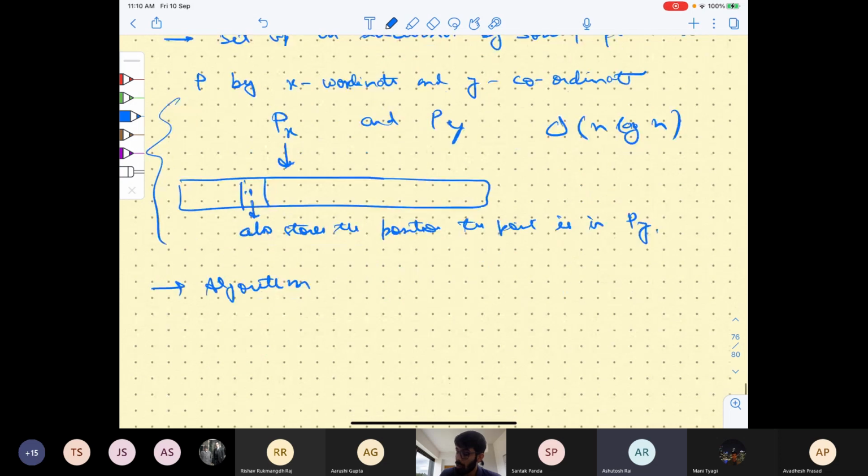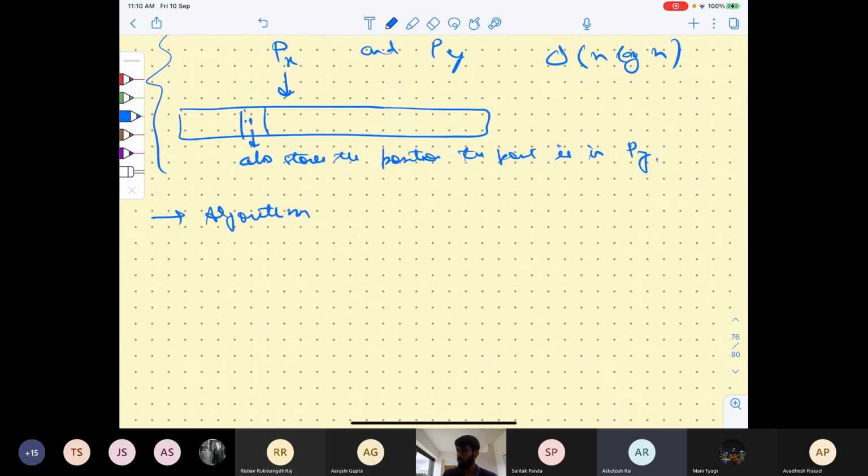Now, what does the recursive algorithm do? The recursive algorithm now looks at Px, so it looks at all the points. Suppose these are the points, and it looks at the middle point according to x coordinate.